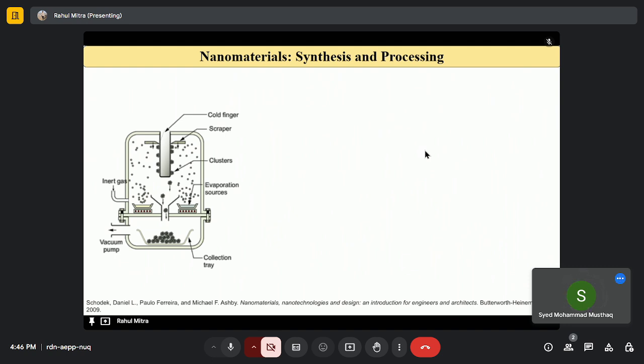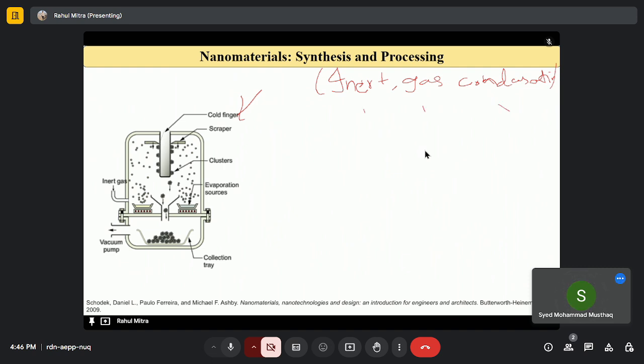This setup is used for inert gas condensation. Now, let me write it: inert gas condensation. So I have 3 terms.